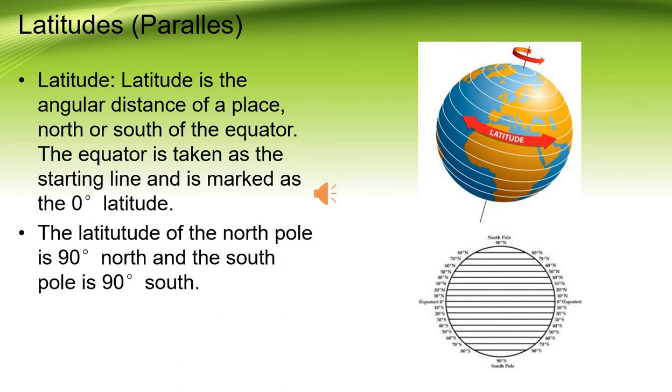Latitude is the angular distance of a place north or south of the equator. The equator is taken as the starting line and is marked as the 0-degree latitude. The latitude of the North Pole is 90 degrees north and the South Pole is 90 degrees south.